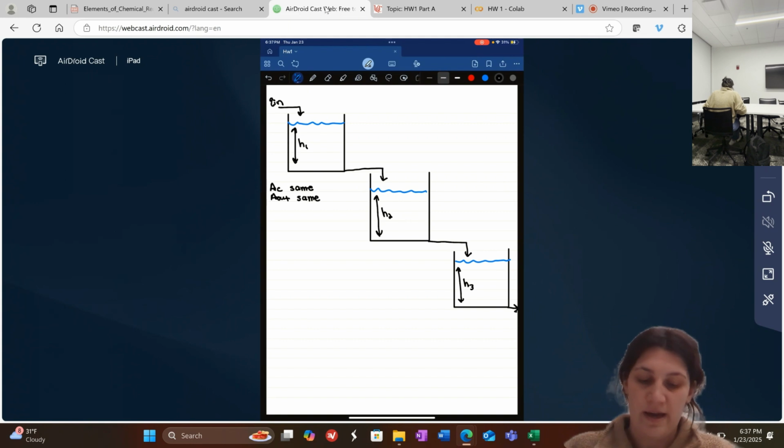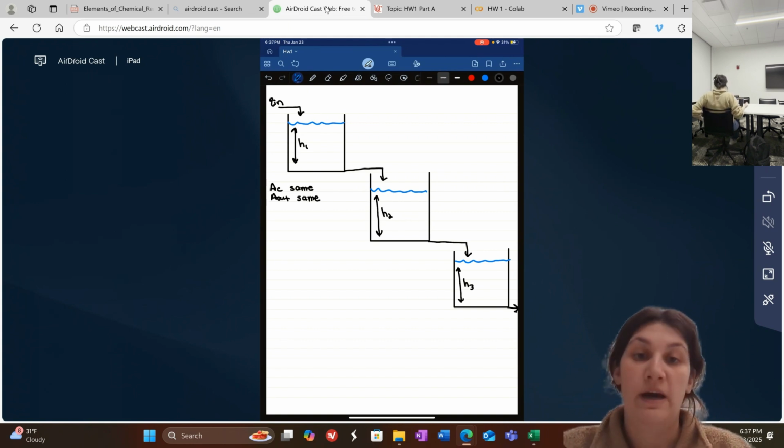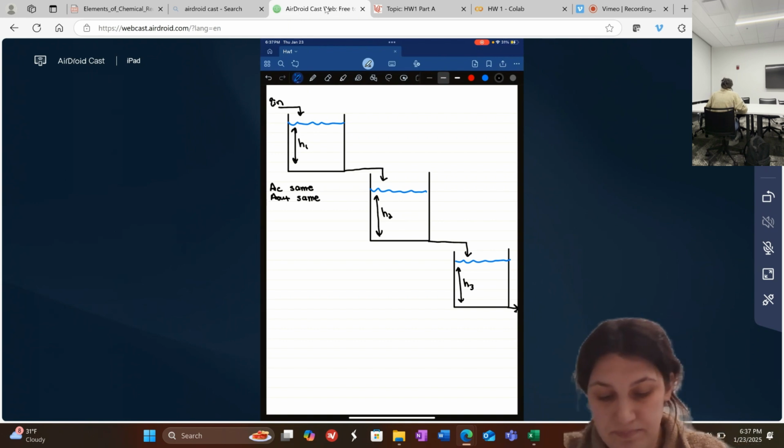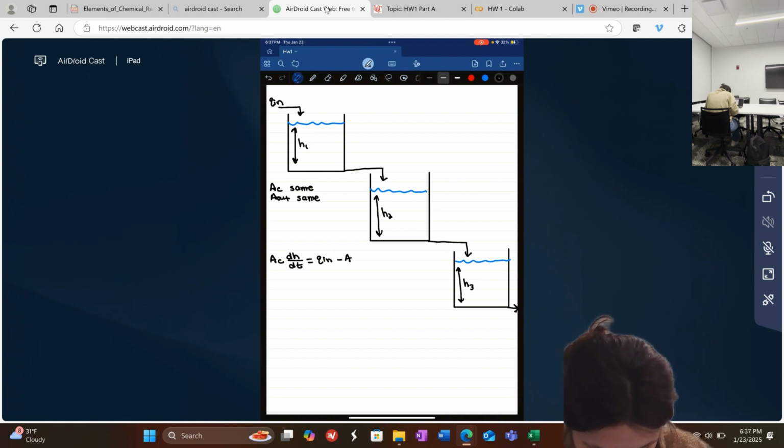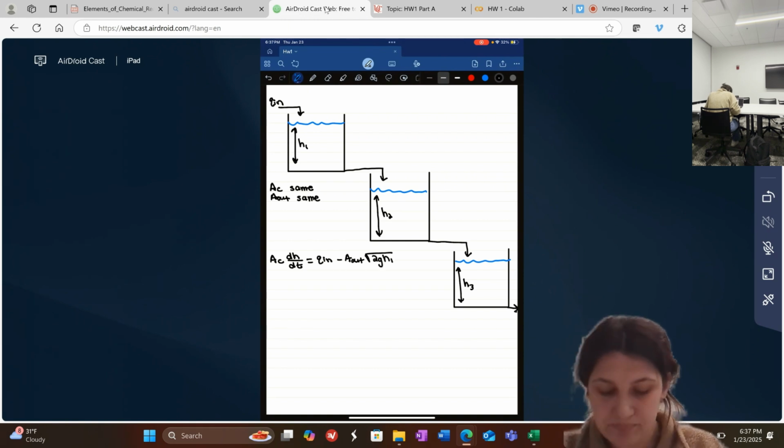Each of these tanks can have their own differential equation to show how the height in that tank would be changing with time. So our first tank would be similar to what we were talking about in part 1. You would have your Q in minus A out times the square root of 2gh1.